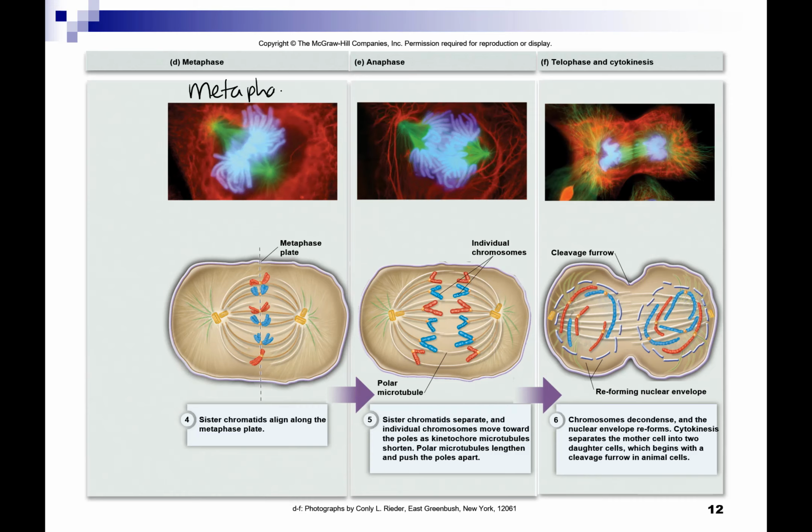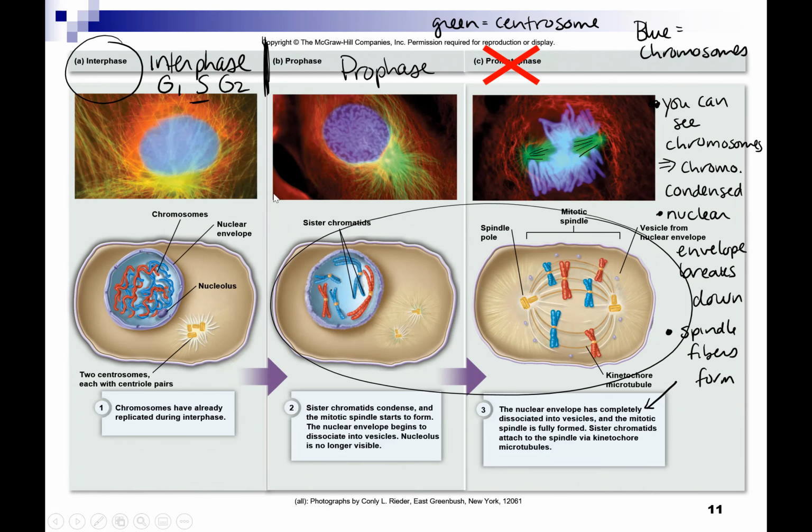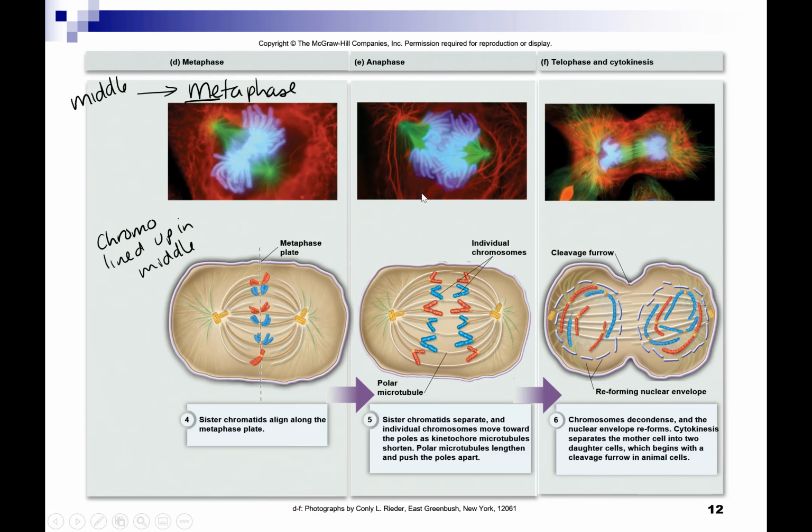So remember, meta stands for middle. So in metaphase, the chromosomes are lined up in the middle. So you can kind of see, if you look at the difference between here they're kind of spread out and here they're all condensed in the middle. That's metaphase.